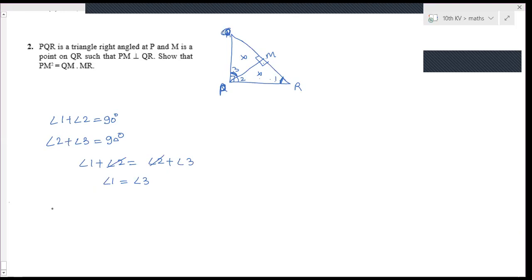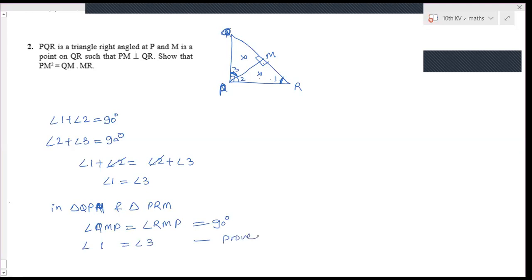Write down: in triangle QPM and triangle PRM, angle QPM is equal to angle PRM, and angle QMP is equal to angle PMR, both are 90 degrees. And angle 1 is equal to angle 3.